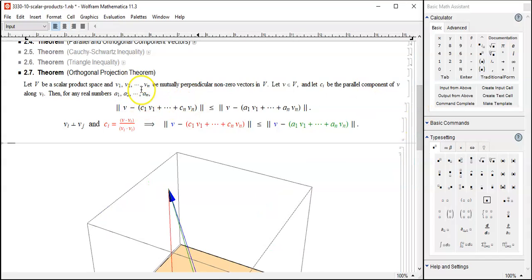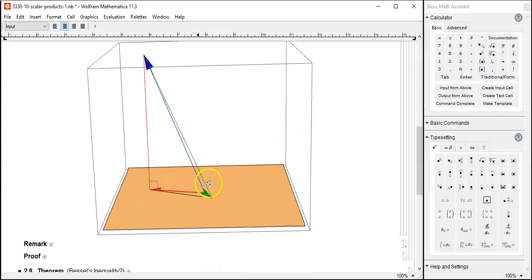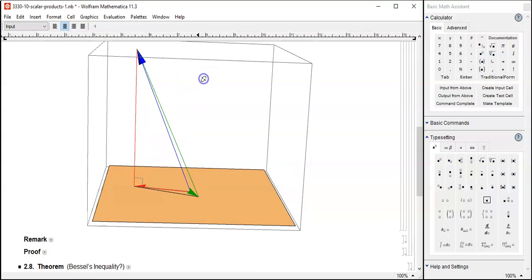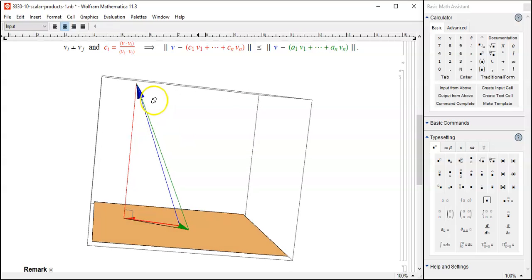So this time we have V1 and V2. In that case, we have something like this. We have a given vector V, and this is the parallel component, and then V minus this parallel component is going to be this orthogonal component vector, and the length of this straight vertical is the left-hand side.